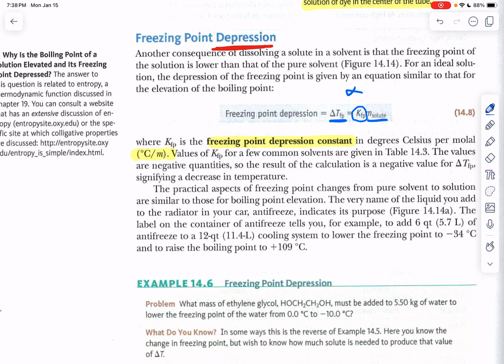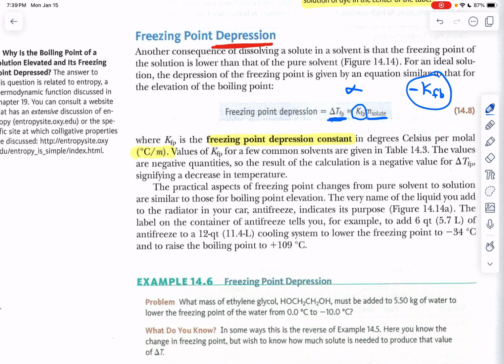Now, you can either use a positive value for K, in which case you need the negative sign in front of it, or what this book does, and it's pretty common, is to just make the freezing point constant negative to begin with. Because remember, you have to subtract this change in temperature from the original freezing point, because you depress or lower the freezing point. You don't elevate it like with the boiling point.